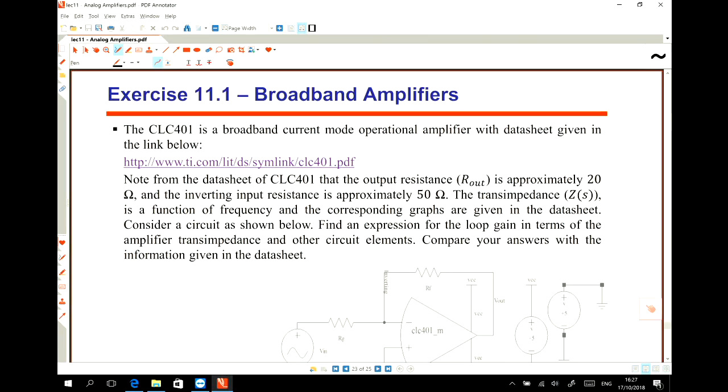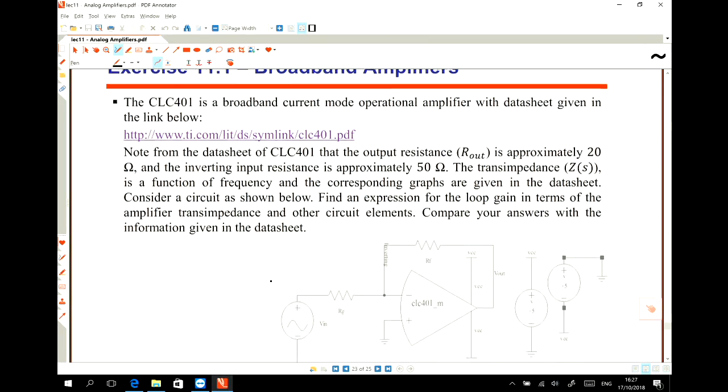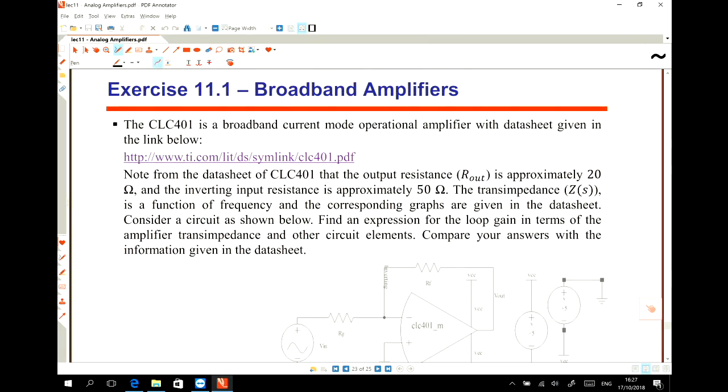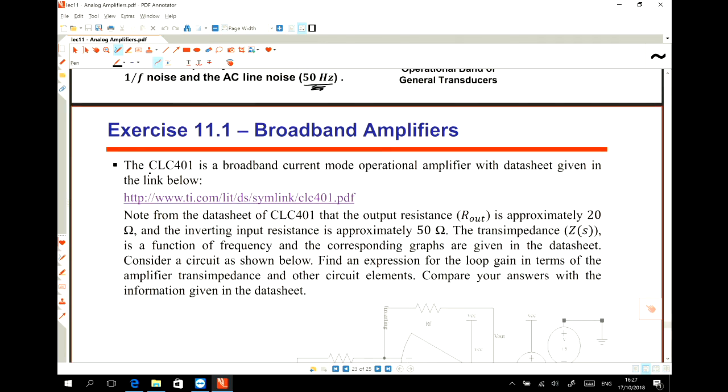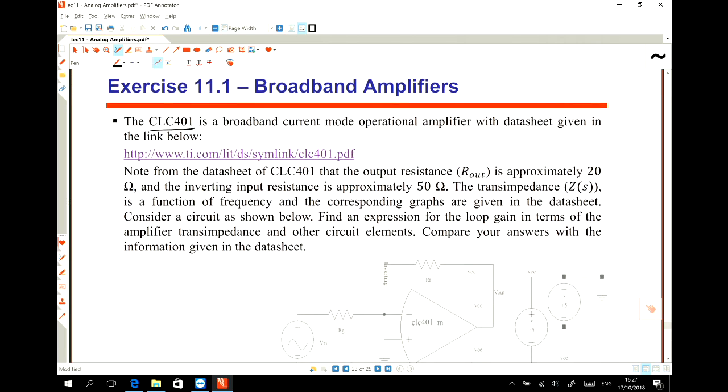So in the analog amplifiers, the questions actually are connected. All of them are based on one amplifier, which is the CLC 401, and it's a current feedback amplifier. It says that the output resistance of this amplifier is 20 ohm, so R out equals 20 ohm.